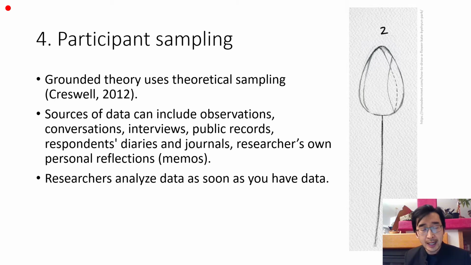And how we go about finding new participants is by allowing the researchers to analyze the data as soon as you have some. You go out, you find some data, you analyze it right away, and that analysis helps you to plan out your next step.